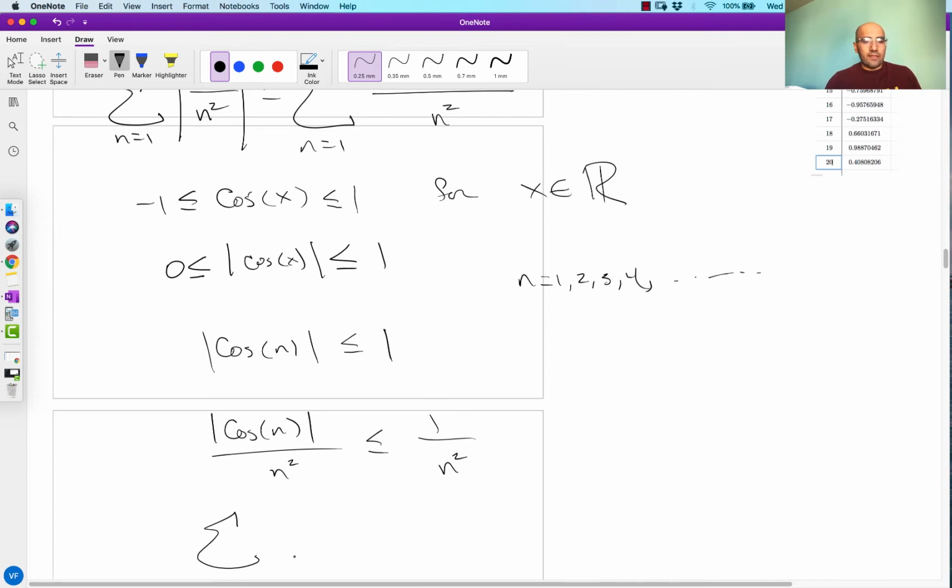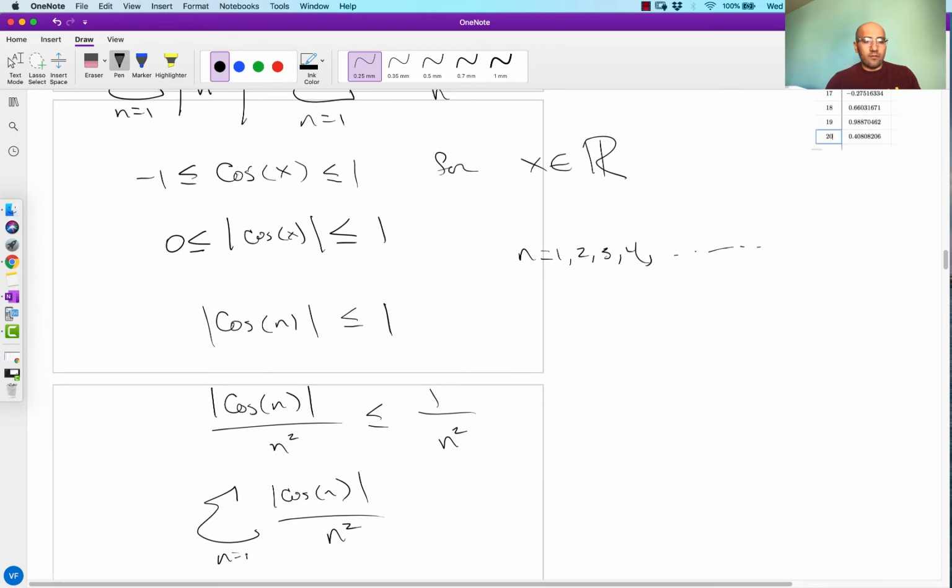So we can say that this sum of cosine n over n squared, as n goes from 1 to infinity, must be less than the summation as n goes from 1 to infinity of 1 over n squared.